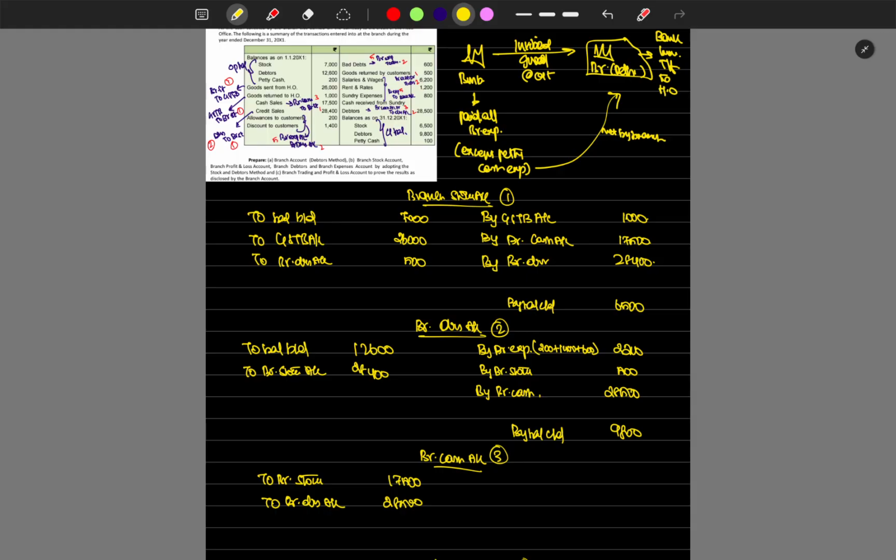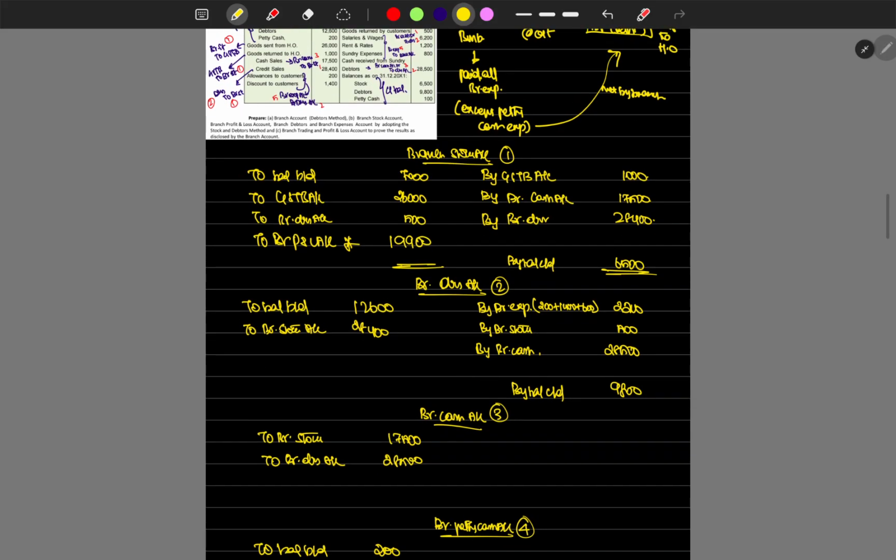Now branch stock, which is 7,000 plus 26,000 plus 500, which is 33,500 on the debit side. To branch P&L account, the gross profit during the period, which is 19,900, is the balancing figure. Now let's go to the branch debtors area. 12,600.